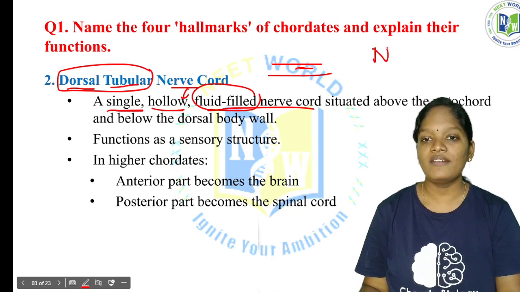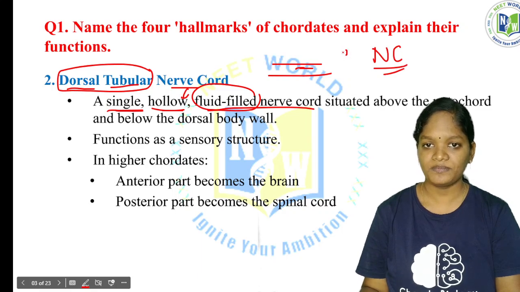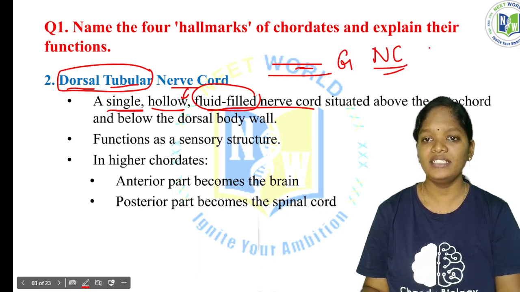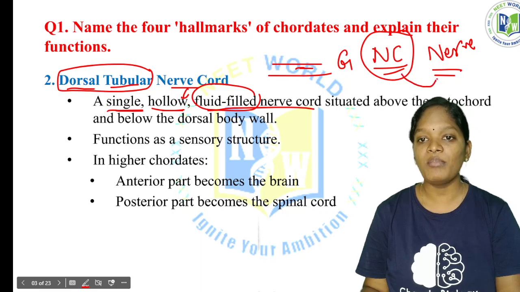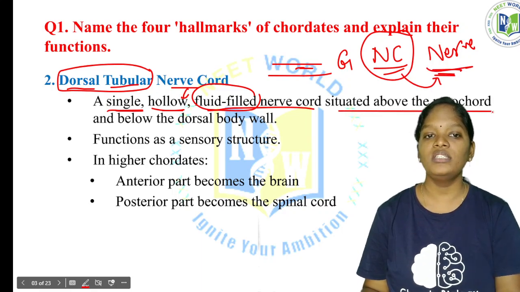Where did we study the location of the notochord? Between the gut and the nerve cord. So between the nerve cord and the gut we can find the notochord, and the nerve cord is present just above the notochord, situated above the notochord and below the dorsal body wall.